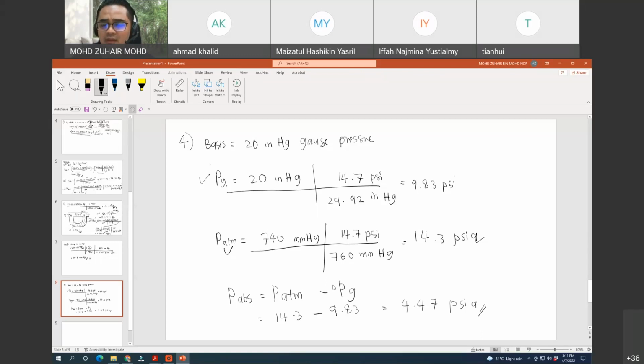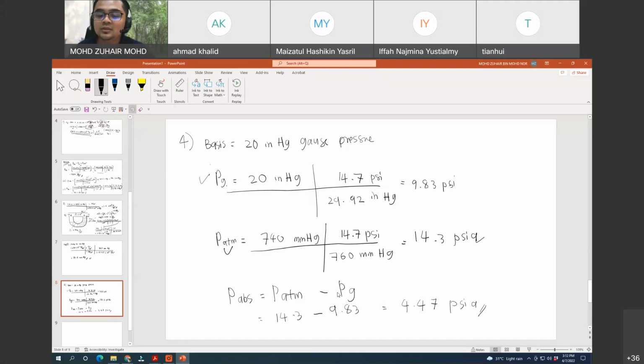Okay. Anyone confused? Why suddenly I minus instead of plus? Because I consider this a gauge pressure. Even though it uses the manometer, everything that does not consider the atmospheric pressure is considered the gauge pressure.